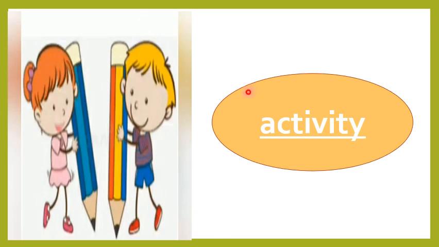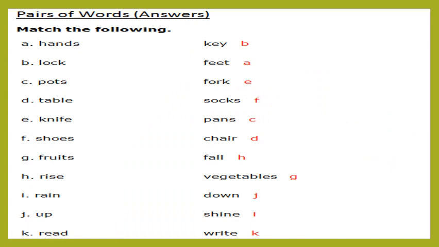Now, it's time to do an activity. Here, we have to match the following. What is the first word? Hands. Hands and feet. B. What is the answer of B?